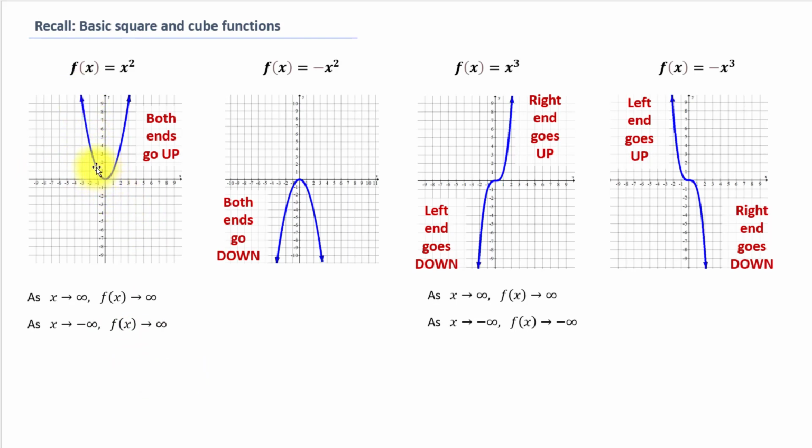As x values get smaller, y values get bigger. Here's a description of the end behavior of the graph for the function negative x squared, where both ends go down. When x approaches positive infinity or negative infinity, function values approach negative infinity. That's why we have this downwards direction. And finally, the description of the last graph, f of x equals negative x cubed.